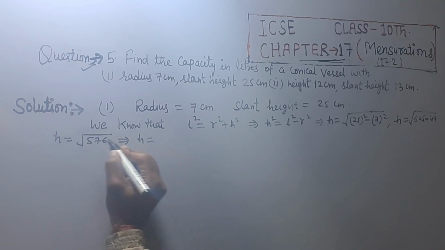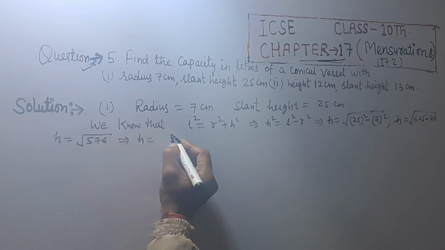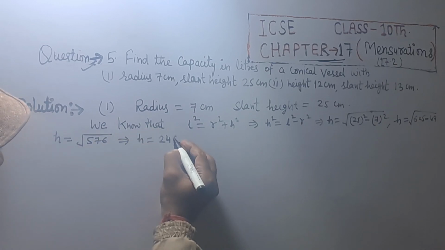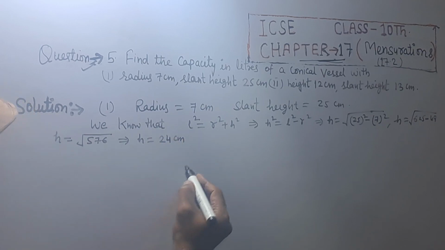So height is equal to root 576, equal to 24 centimeter.